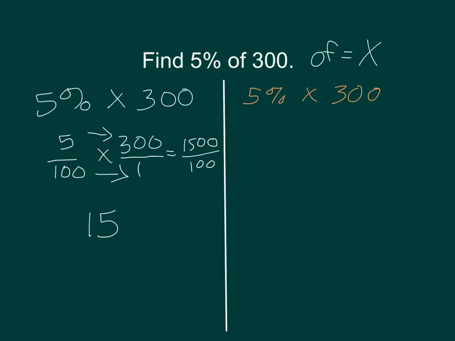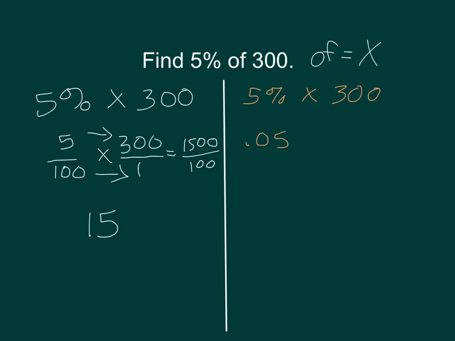Now the other way we can solve this problem is to turn this percent into a decimal right off the bat. If you remember, to turn a percent into a decimal, we move the decimal 2 places to the left. So 5% as a decimal would be written as 5/100ths.